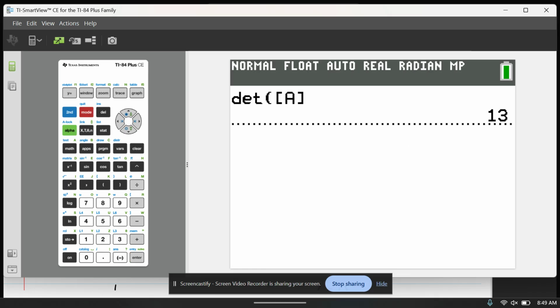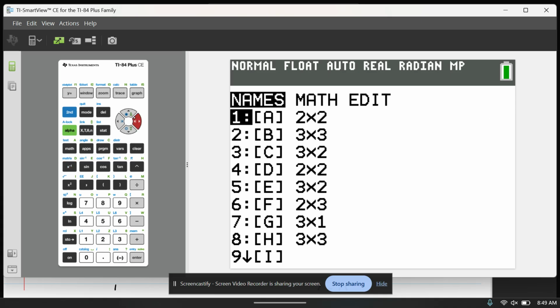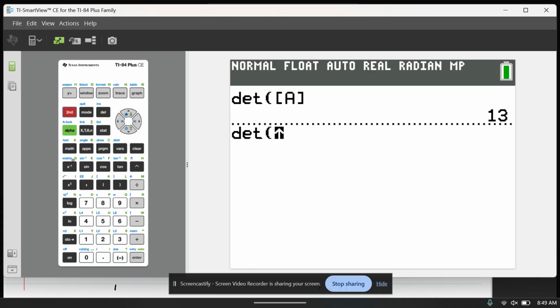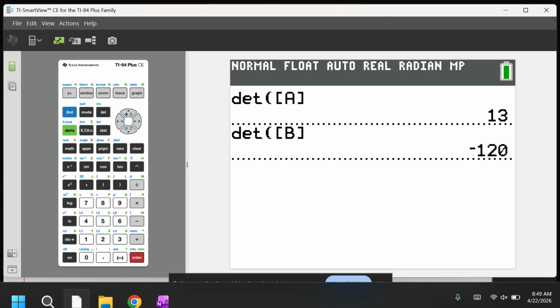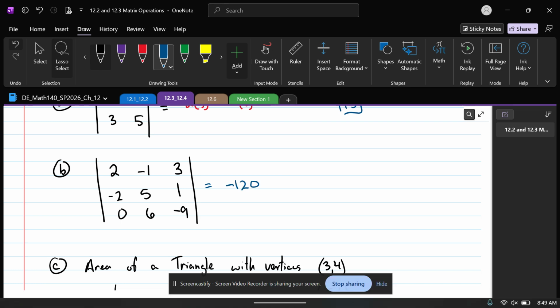All right, and then I'm going to tell it, go to matrix, go to math, determinant of matrix B. That's where I put mine. Get a -120.